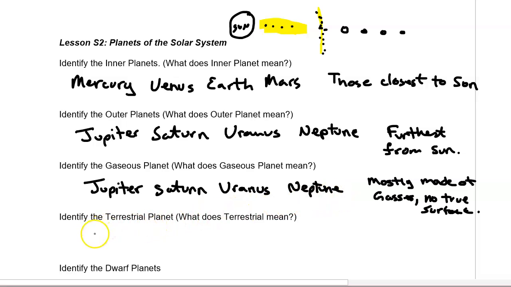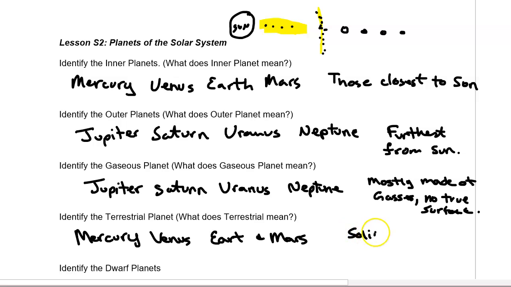The terrestrial planets are Mercury, Venus, Earth, and Mars. Terrestrial means that they are solid or have a true surface.